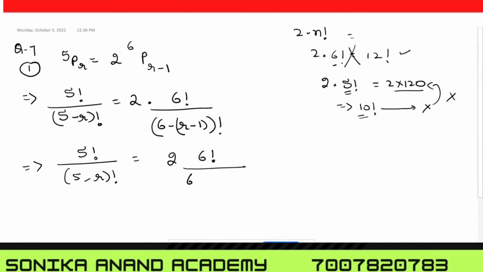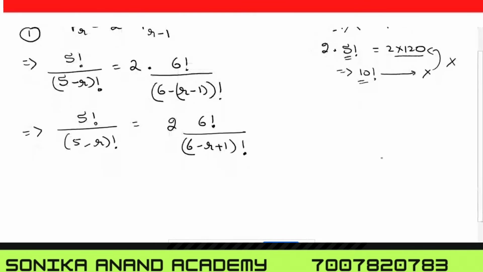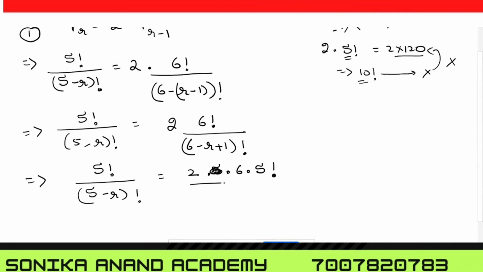Now here 6 minus r plus 1. Clear? Factorial 6 can be written as 6 into 5 factorial. And here we have 7 minus r factorial.